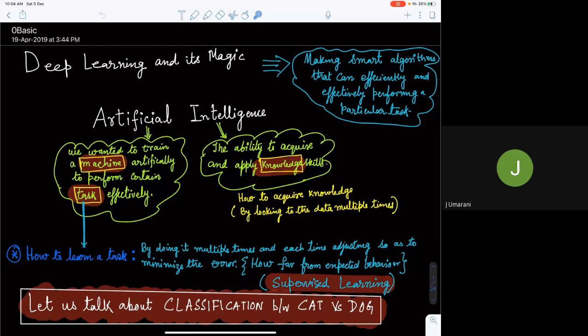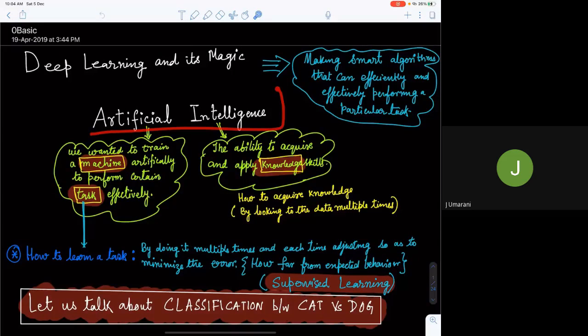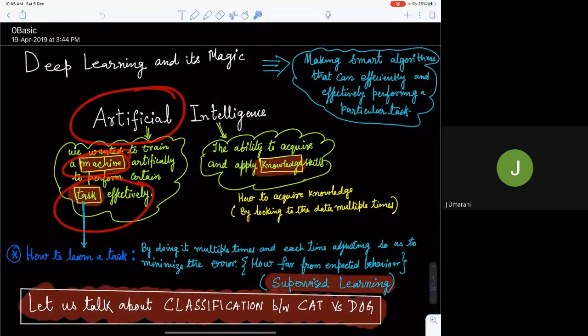Starting with the basics of any artificial intelligence system, we need to train a machine that can perform some task very efficiently. If that machine itself is in a position to do a task, then we say that it's artificially doing the work.